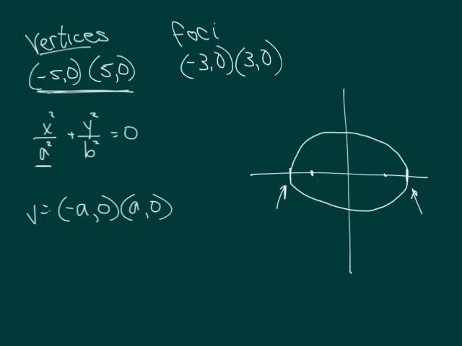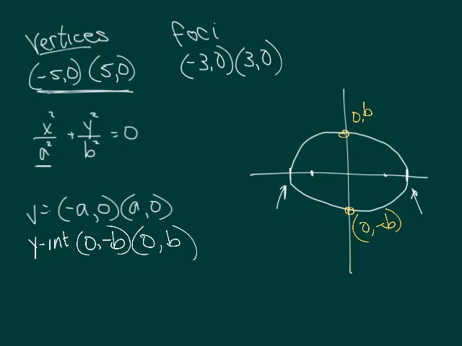Let's see what else I've got up there. It also says my y-intercepts are going to be 0, -b and 0, b, meaning that's where it's crossing there and crossing there. So that is my 0, b and that is my 0, -b. What else does it say?